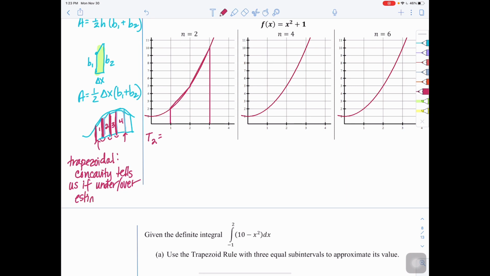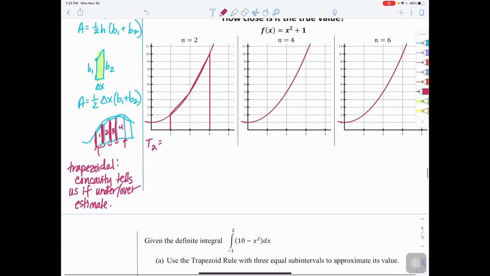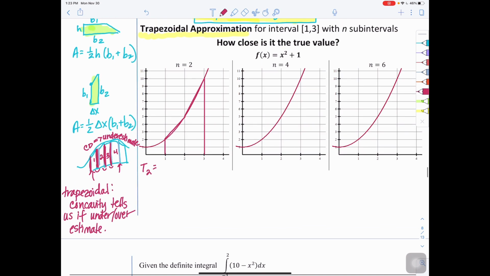And right away, you can see if we are concave down, we have an underestimate. And now, with this example, we are concave up, which means we're going to have an overestimate of the actual area. Now, if it's both concave up and concave down, it may be a mix, but you should be able to see right in here and right in here that's below the curve.